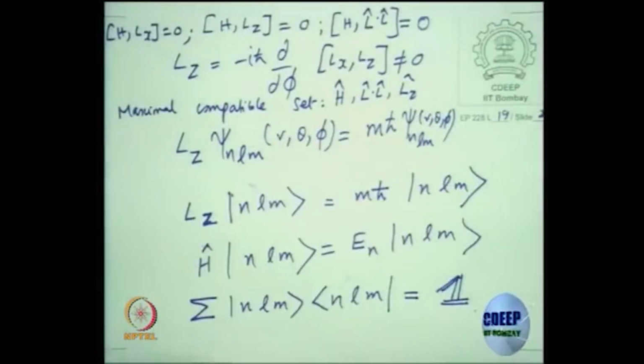Here the state which I write, NLM, is a simultaneous eigenstate of Hamiltonian, L dot L and Lz. Clear? So this is the way to go about. Either you can start with compatible observables and write the simultaneous states, or conversely, since I have found these states and explicitly verified the eigenvalue equation, I am trying to argue for you that for central potentials, Hamiltonian commutes with all the components of angular momentum, but all the components of angular momentum don't commute amongst themselves.